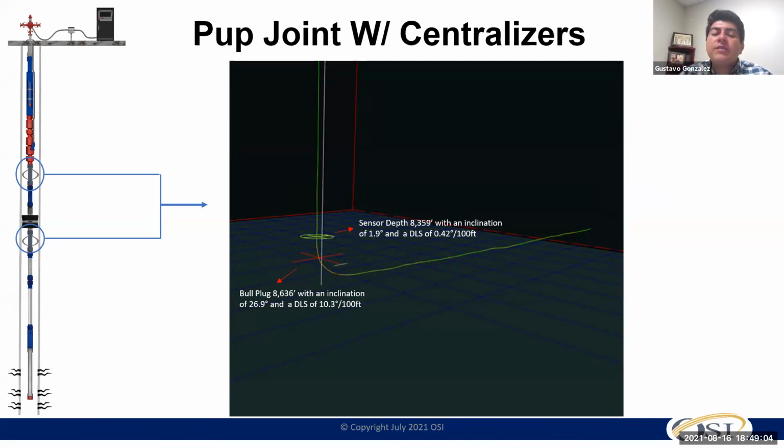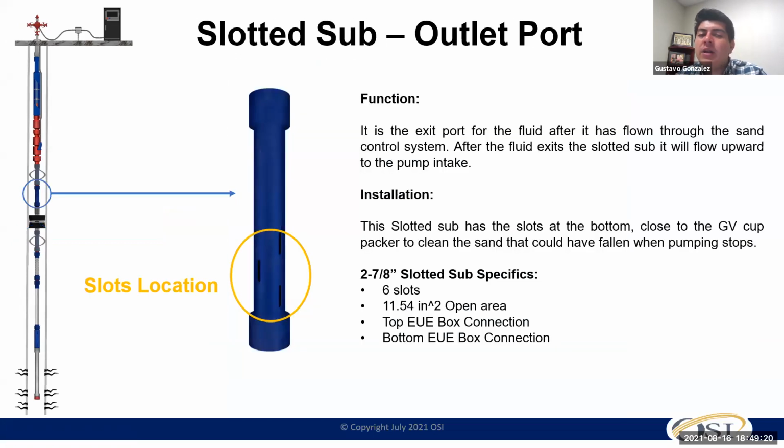But then you'll see the bull plug or the amount of tailpipe that you're putting below the desander puts you at an inclination around 27 and a dogleg around 10.3. At that point you can face some issues, because you're bending that system and pulling everything out. For this particular case, you have to have a slotted outlet. That is where the fluid exits, and you're able to do the sand management underneath it and have a fluid with less volume of sand passing through, so you can produce it through your ESP without causing enough damage.